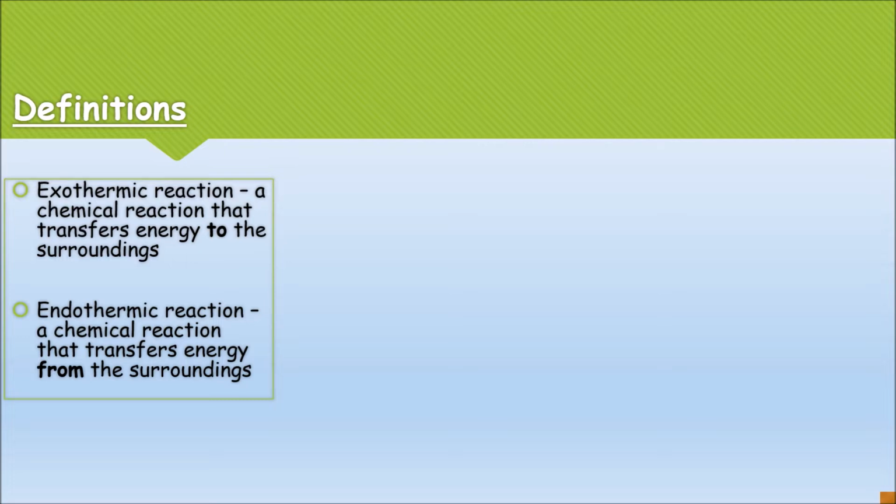Exothermic reactions. Well, what does the word exothermic mean? This is a chemical reaction that transfers energy to the surroundings. An endothermic reaction, on the other hand, is a chemical reaction that transfers energy from the surroundings.